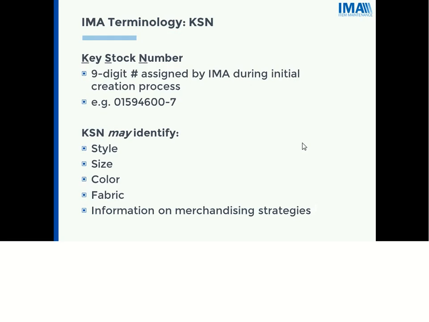An example of this would be team apparel. Each of the team items, when they're built, the vendor also adds attributes to those items because there are so many of them that it's too much to be handled internally. So that would be between you and your buyer if you do add KSN attributes, but it is not system required.